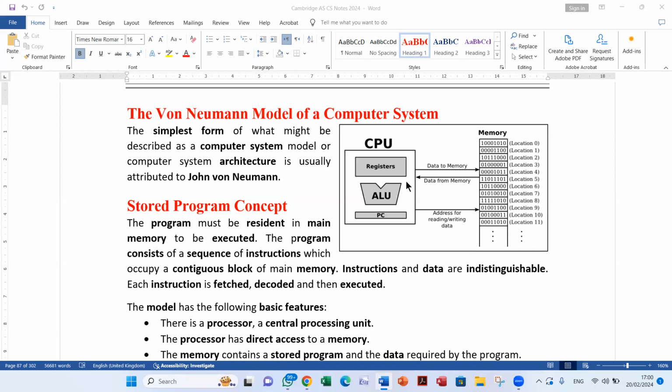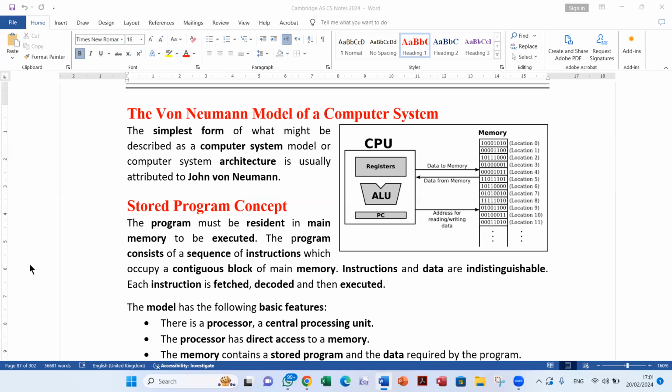The CPU fetches, we would like to use that term, instructions from the main memory, instruction after instruction, putting them into registers inside the CPU. And this ALU represents the arithmetic and logic unit.